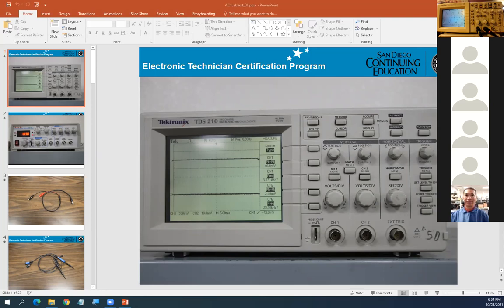Okay. So channel 1 shows the signal on A. Channel 2 displays the signal on B. So VAB means VA minus VB. That's what you get, the voltage across the resistor.